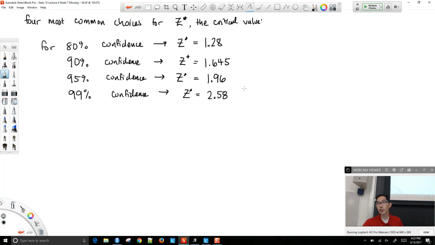just some arbitrary number, that is allowed. There's nothing wrong with it in and of itself, but it's just not very common. As people, we kind of like these nicer numbers, 80%, 90%, 95, or 99%. These are probably the most common choices. And so with these four values, that covers almost all of the confidence intervals that you might make for proportions.